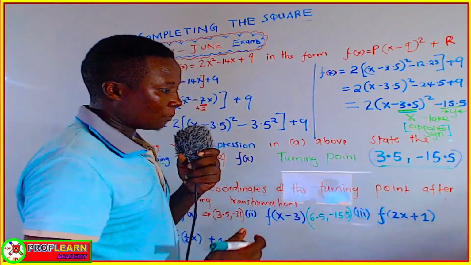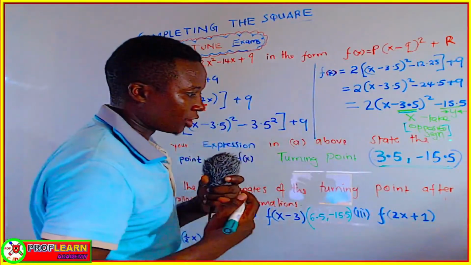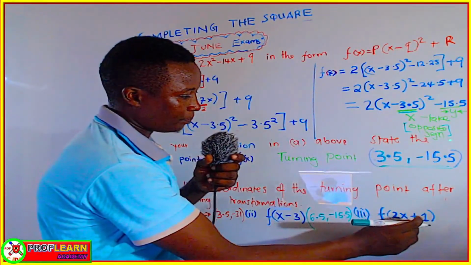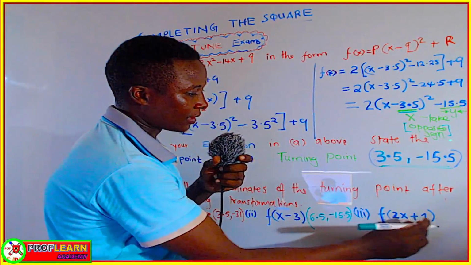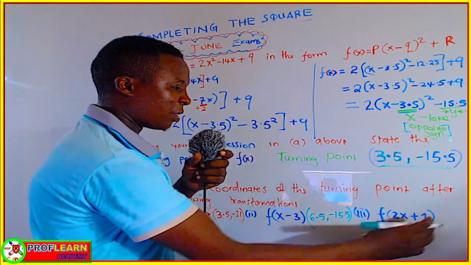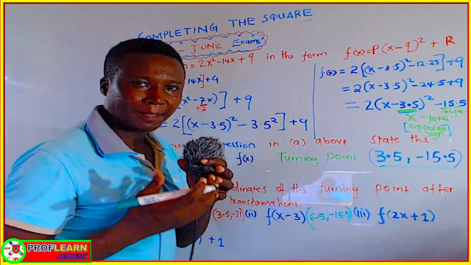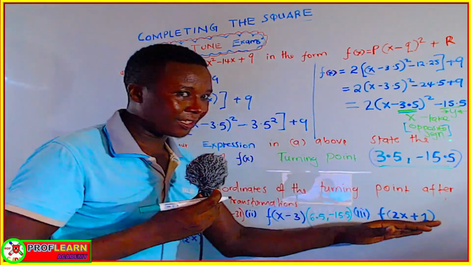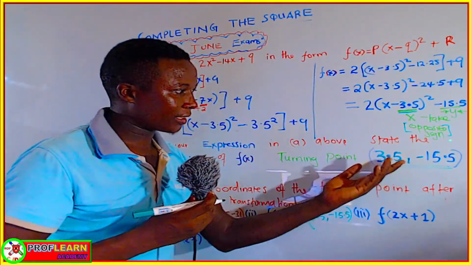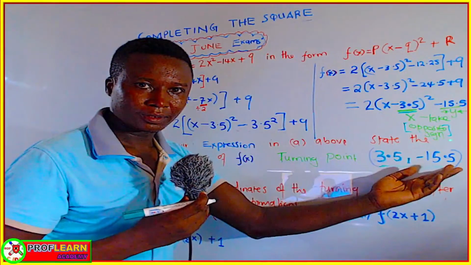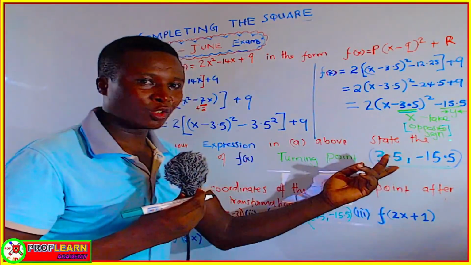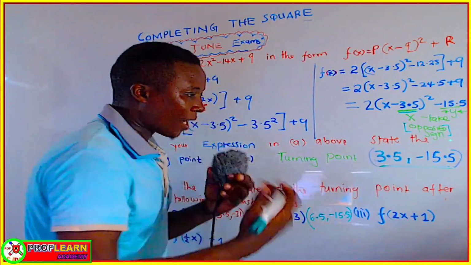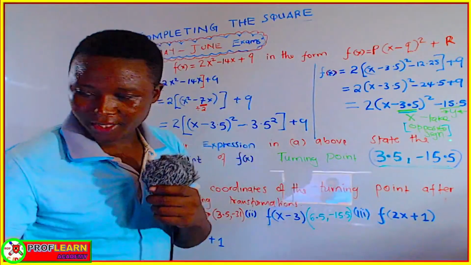We also have a combined transformation in this case. This one is 2x plus 1. All these combined transformations are taking place inside a bracket. So which coordinate is going to be affected, x or y? Yes, only x is going to be affected, and y is going to remain the way it is.